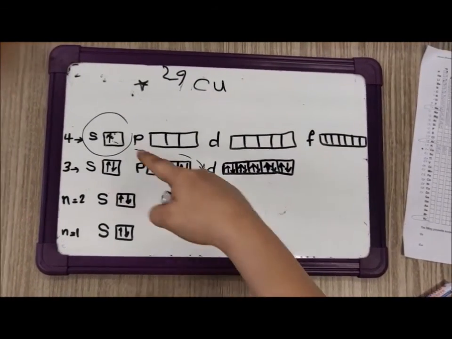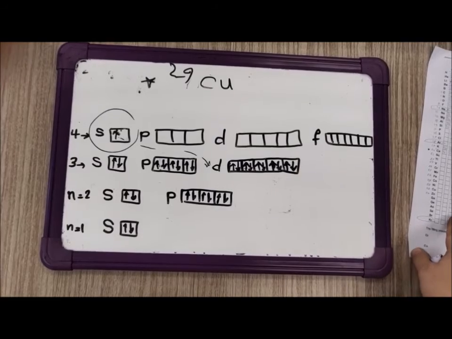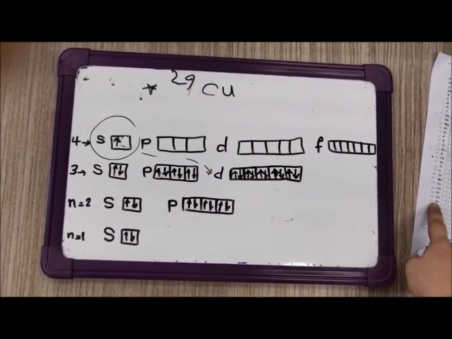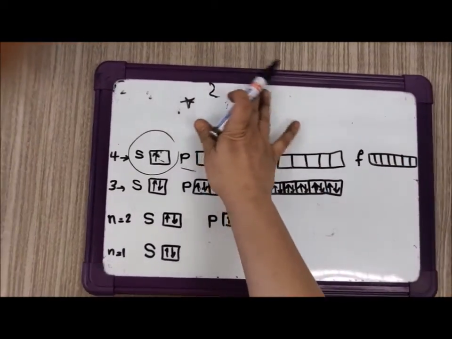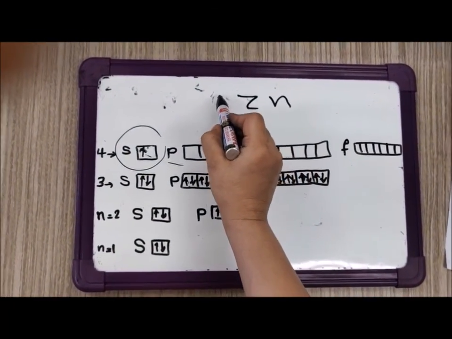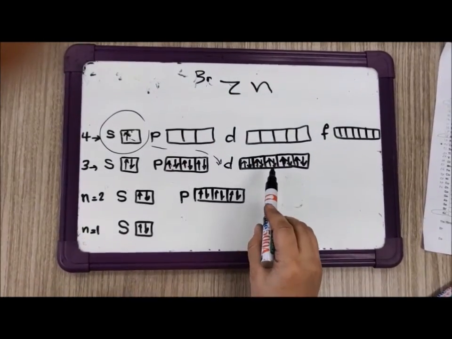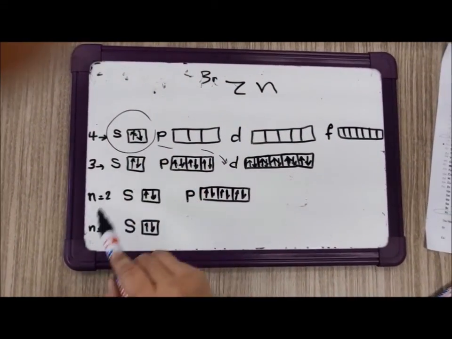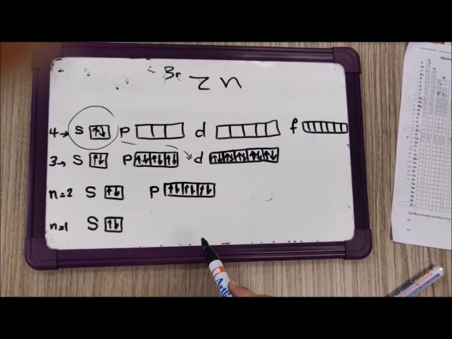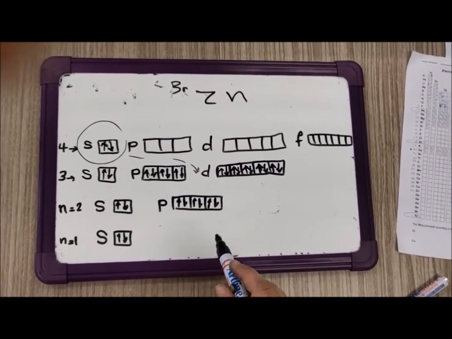That one moves here. Again, with the next electron that you want to draw, it is zinc, Zn 30. You need one more electron, you put it here. First fill up this one, then continue filling up the p on the fourth shell. Am I right? Very good.